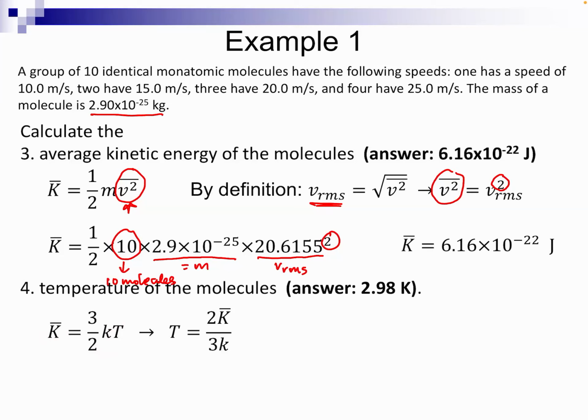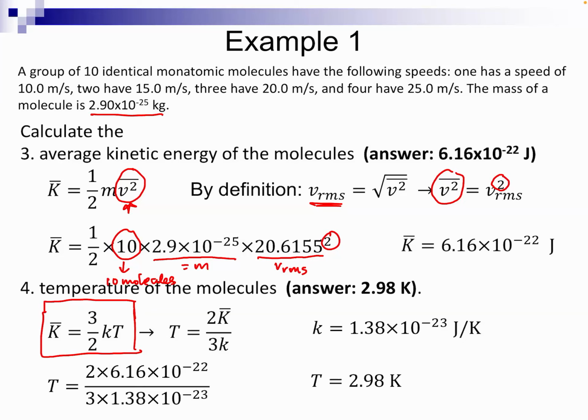This is the direct definition from kinetic theory of gases that relates the temperature to the average kinetic energy. We've solved for the average kinetic energy. Small k is a constant, the Boltzmann constant. Therefore we're able to find the temperature of the gases, knowing the average kinetic energy.